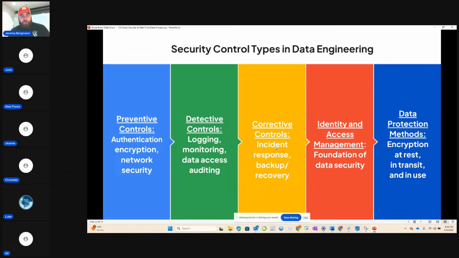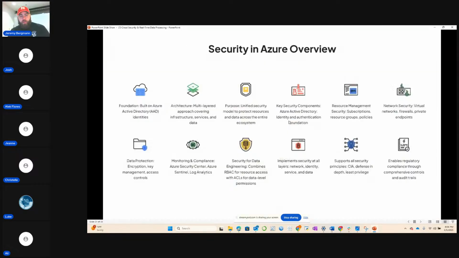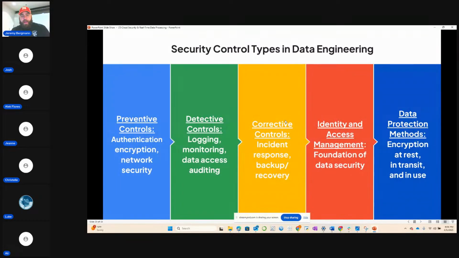You have corrective controls, so you have how you respond to different types of events or incidents. And then your backup recovery, so if there's a network attack that locked down your network, you could go back in time to when it actually worked. That is huge, like incident and disaster recovery at a big organization.